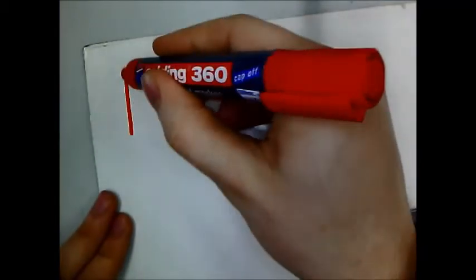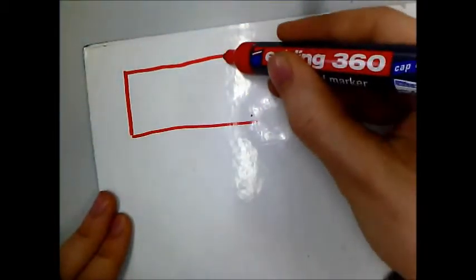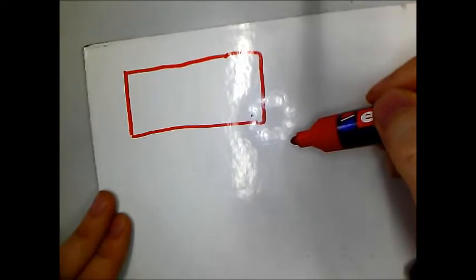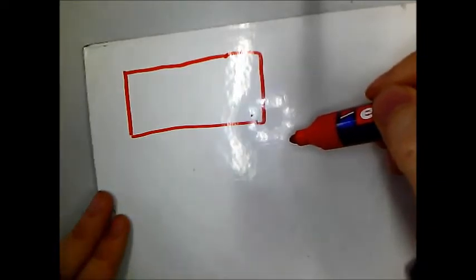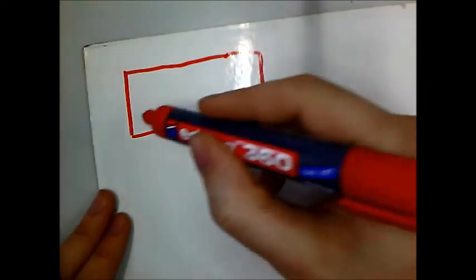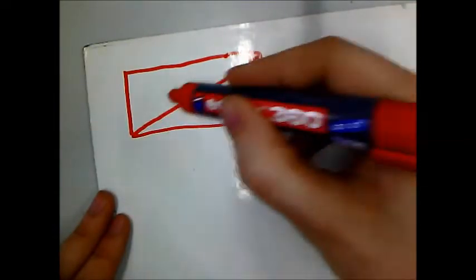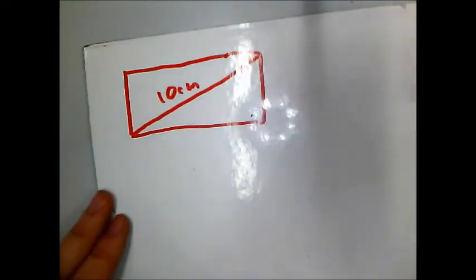Question 3. I've got a rectangle here whose diagonal is 10 centimetres, and I want to know what the possible values for my length and width are.